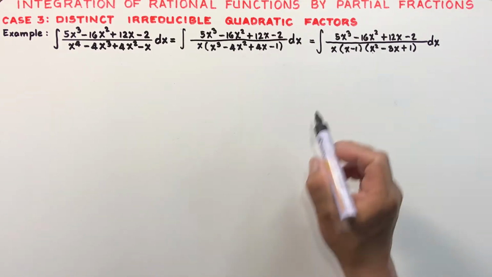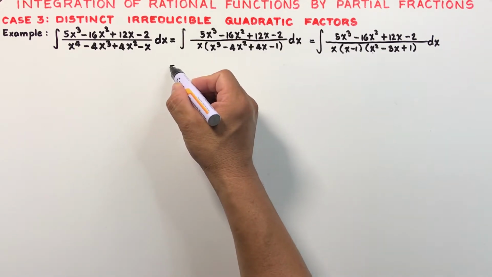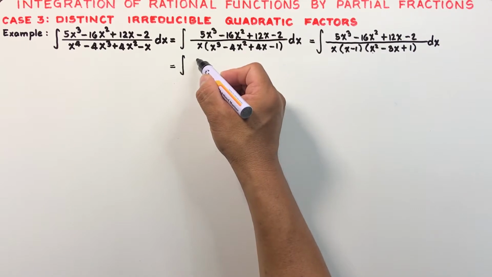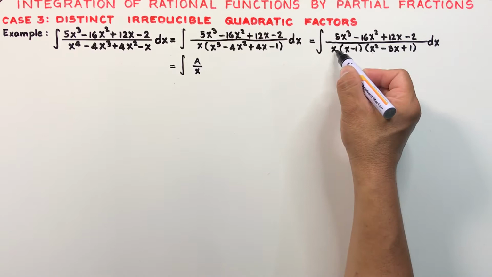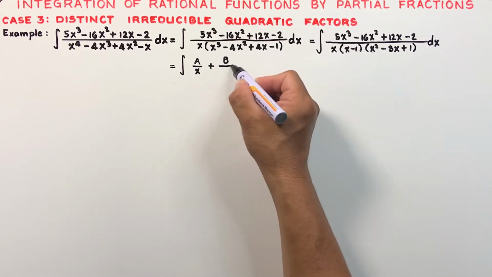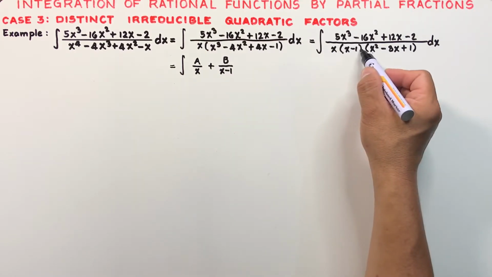Since this is a proper fraction already, we can convert it to its equivalent partial fractions, which is A over x for this factor here, added to B over x minus 1 for this factor here.